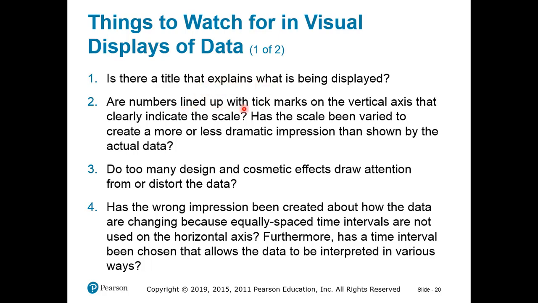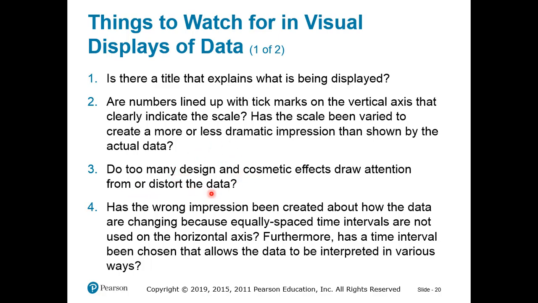Are numbers lined up with the tick marks on the vertical axis that clearly indicate the scale? Has the scale been varied to create a more or less dramatic impression than shown by the actual data? Okay, so be careful of that. Do too many design and cosmetic effects draw attention from or distort the data?